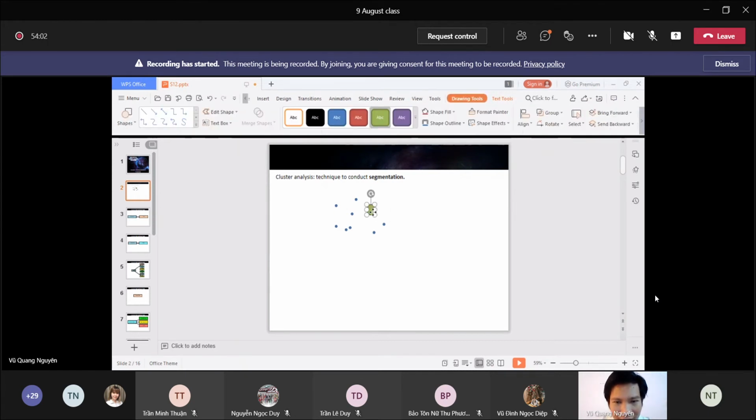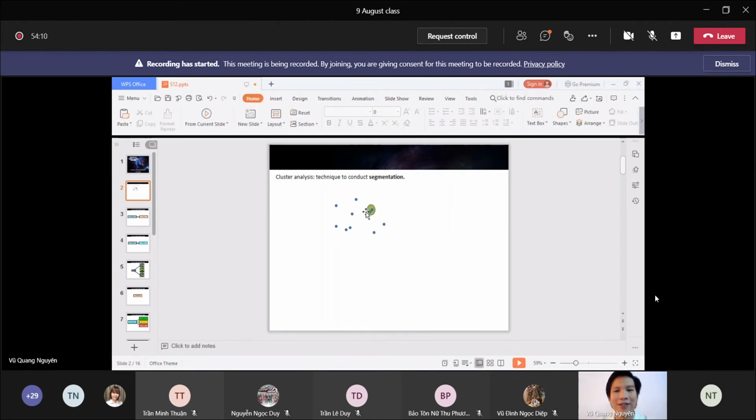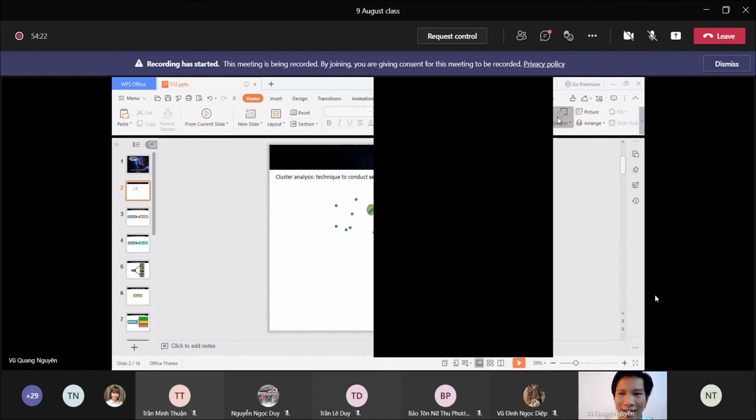Group two of them, the nearest, into a bigger segment. Now after the first step, we will have 9 segments.